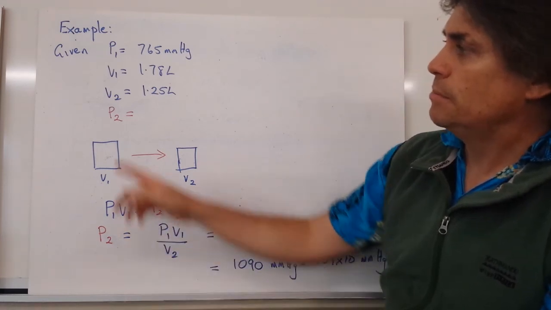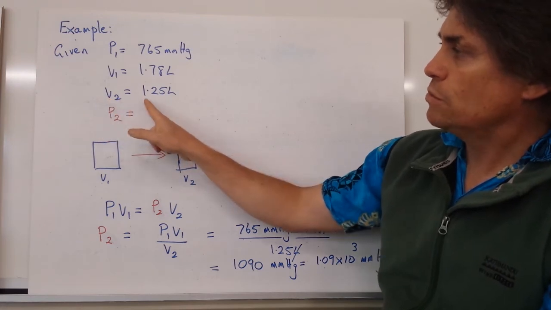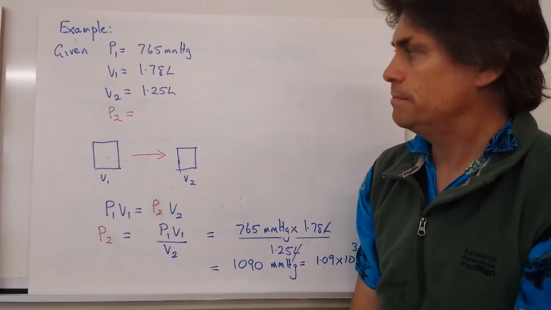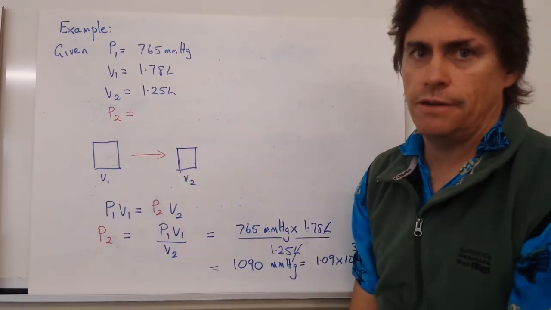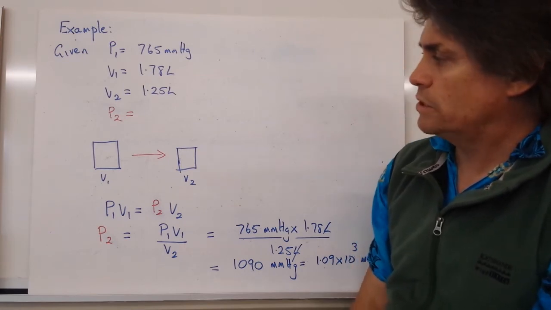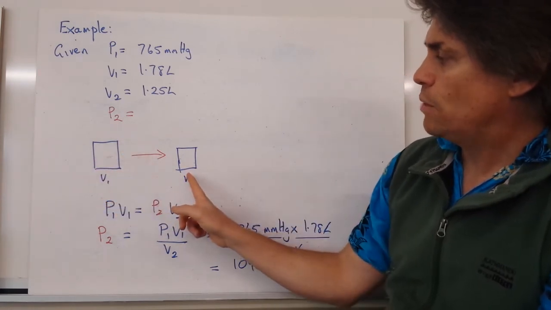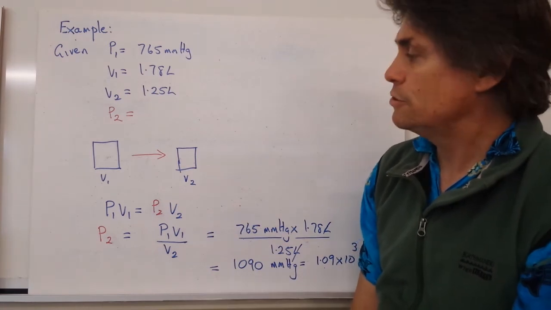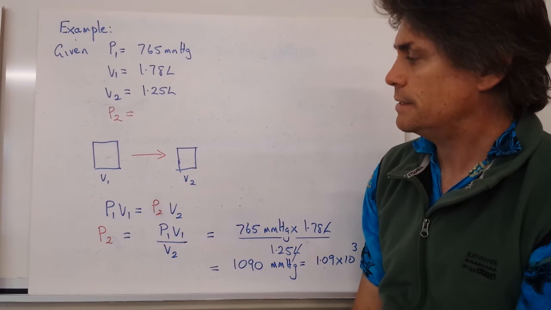After an experiment was completed, it was found that the volume was 1.25 litres. In other words, we've reduced that volume. So what will happen to the resulting pressure if we apply this reduction in volume? If we look diagrammatically, we go from 1.78 litres to 1.25 litres. Something should change in the pressure as a result of that change in circumstance.